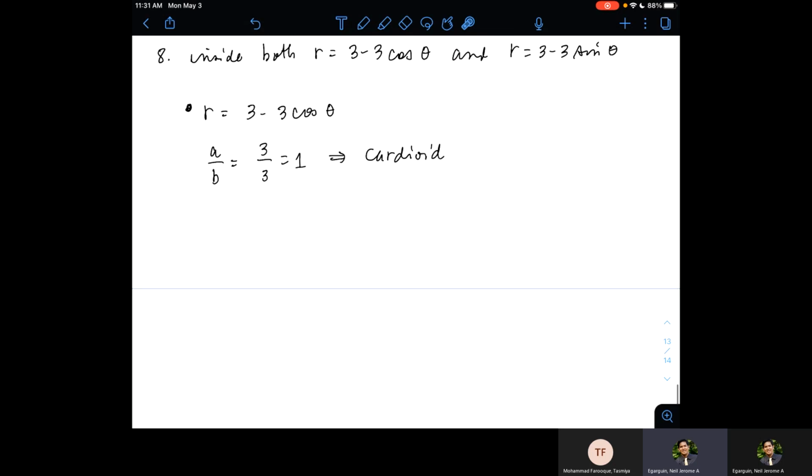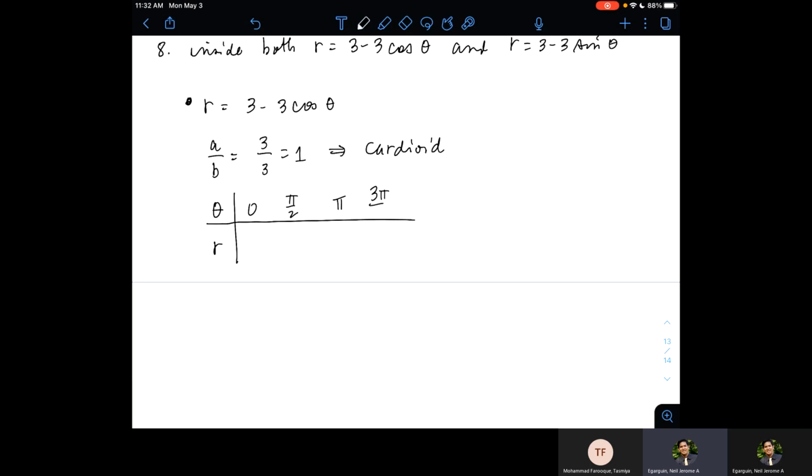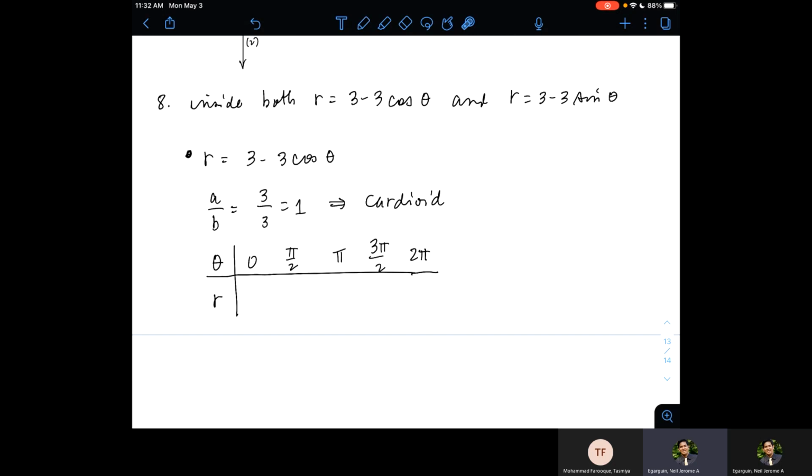And to make my graph more detailed, I'll put some points. So I'll compute some points on the graph by evaluating r for the quadrantal angles. So if theta is 0, pi over 2, pi, 3 pi over 2, and 2 pi. At theta equals 0, cosine is 1, so we'll get r equals 0.